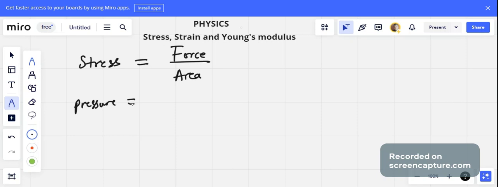Pressure on its own is what? Still force per unit area. So what's the difference between stress and pressure? Stress has to do with the internal pressure of a body.